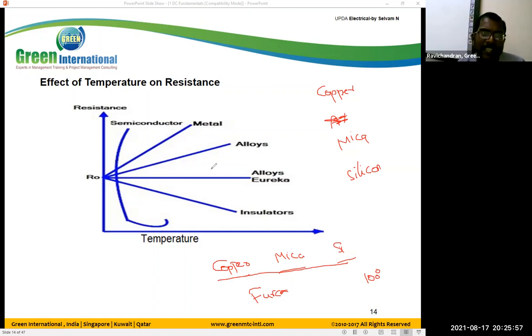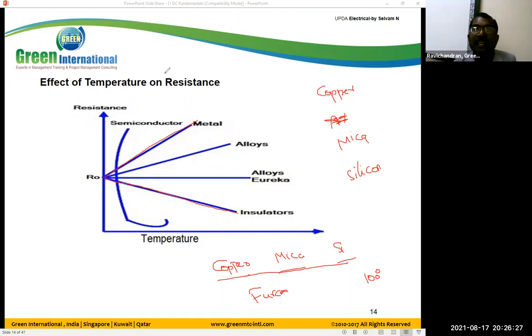Okay, I kept it at 100 degrees. Copper has the property that as the temperature increases, the resistance value increases. For mica, if the temperature increases, the resistance value decreases. For silicon, at one particular point it increases, sometimes it decreases, depending upon the temperature.